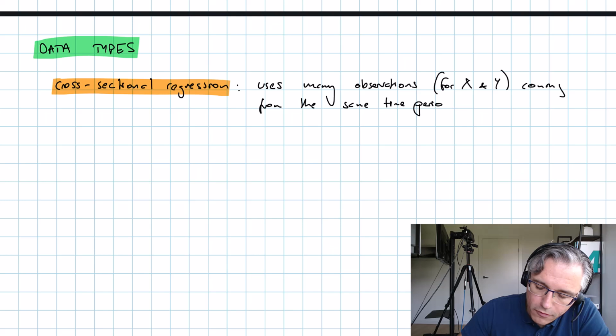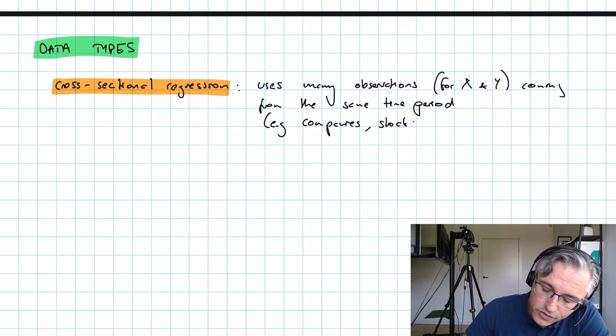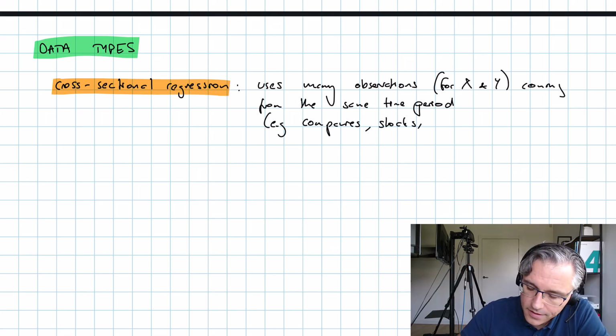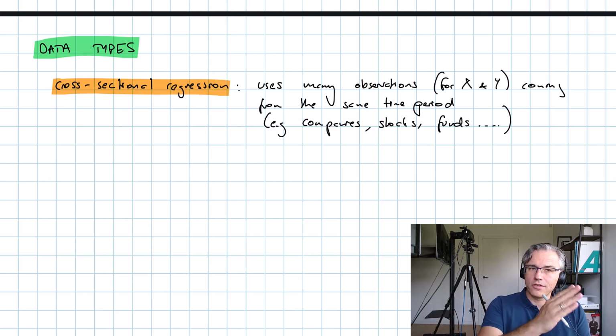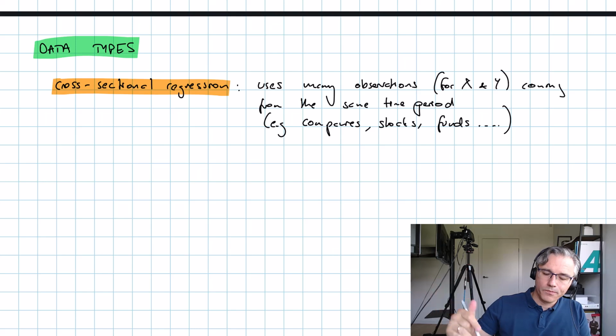So you may, for example, be looking at numerous companies, numerous stocks, different indexes, different funds, but at the same time, in the same year, in the same month, and looking at some relationship, for example, in the case of companies, between their results and the amount of leverage they've got on the balance sheet, something like that, and you're looking cross-sectionally in the same time period.